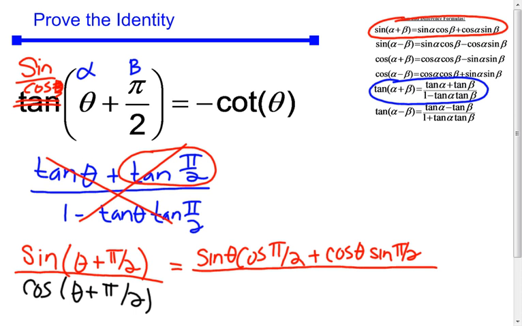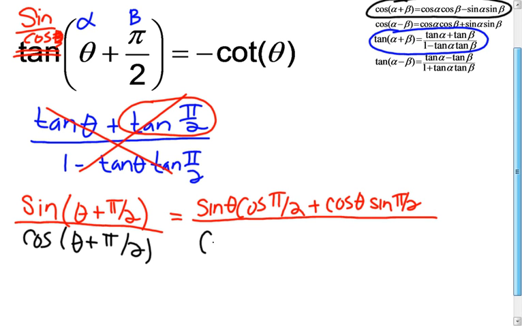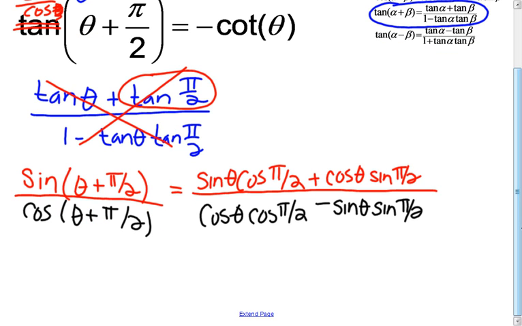And then on the bottom, cosine at theta plus pi over 2, I'm going to follow this formula right here. Okay? So cosine at theta, cosine at pi over 2, minus sine at theta, sine at pi over 2. Okay? So that's where I'm at there.